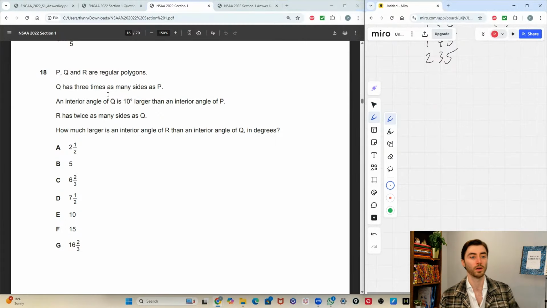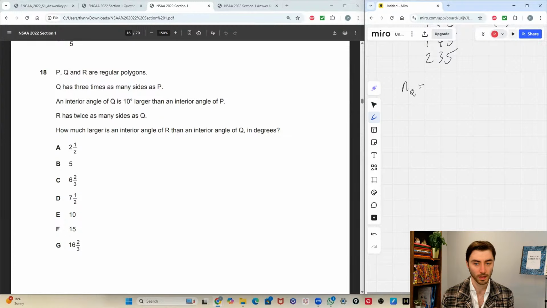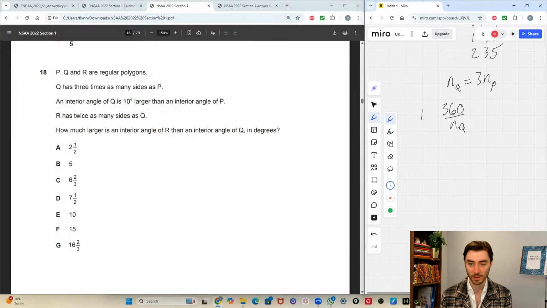points. So these are regular polygons. Q has 3 times as many sides as P. Okay. So an exterior angle of Q is 360 over NQ. An interior angle is 180 minus that. The interior angle of Q is 10 degrees larger than the interior angle of P, which is 180 minus 360 over NP.